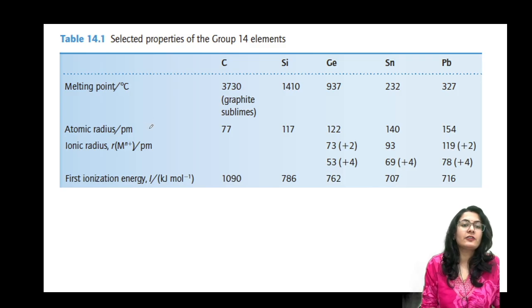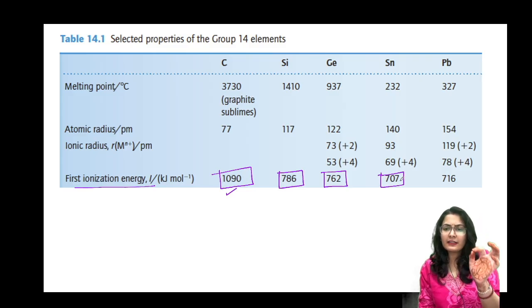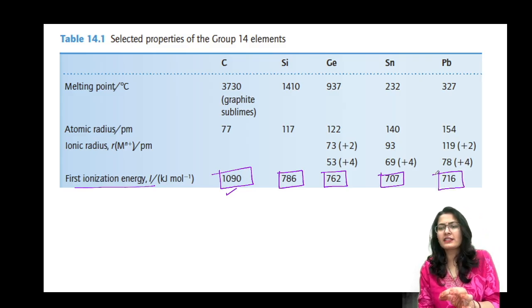Now let's also discuss the first ionization energy. Carbon is smallest and a non-metal, so it has the maximum. It decreases for silicon, decreases further for germanium, and decreases for tin. Lead is a little more than tin, just slightly bigger.